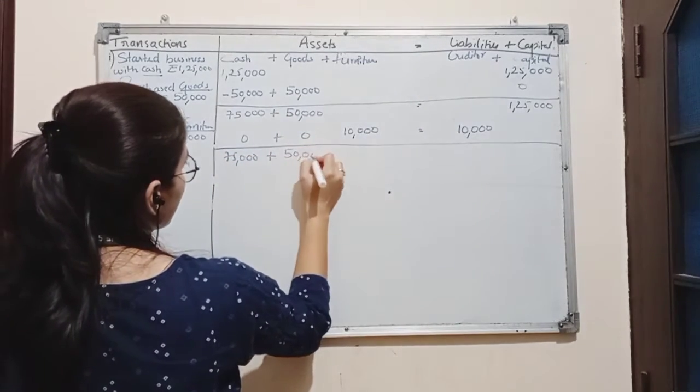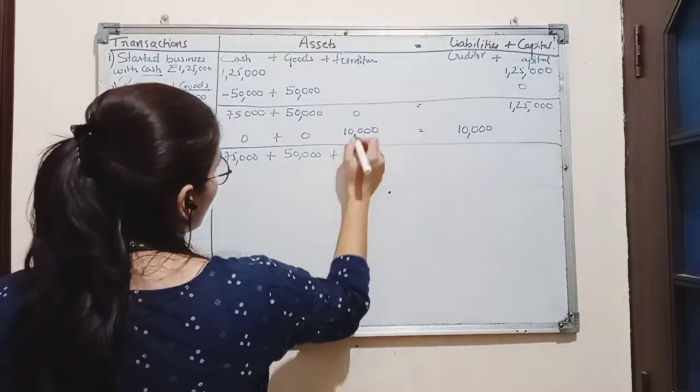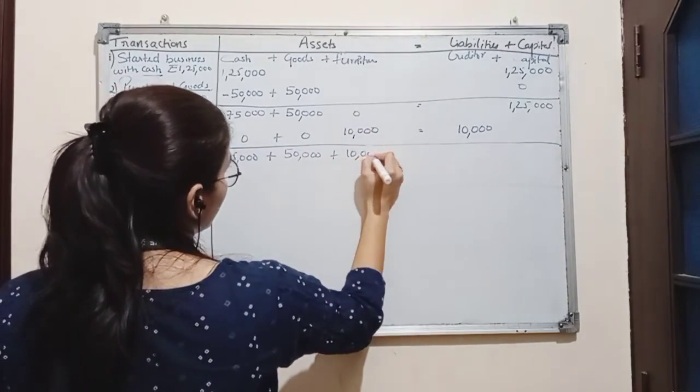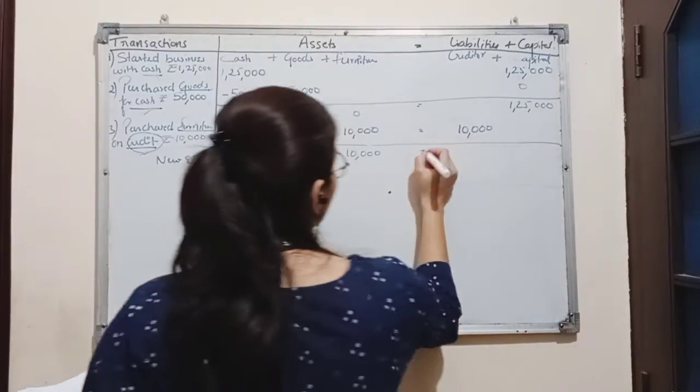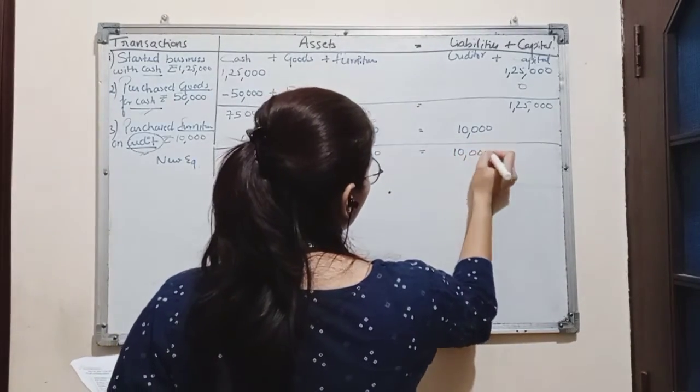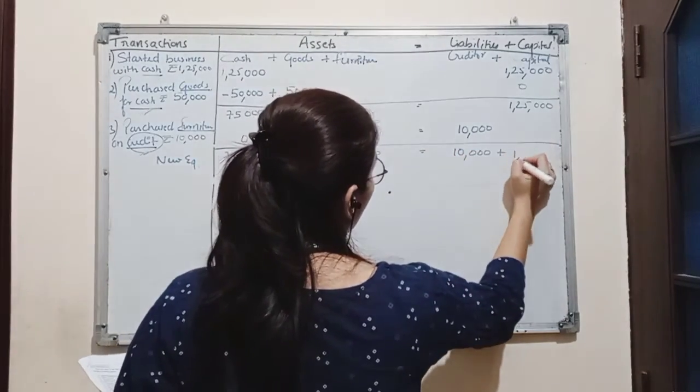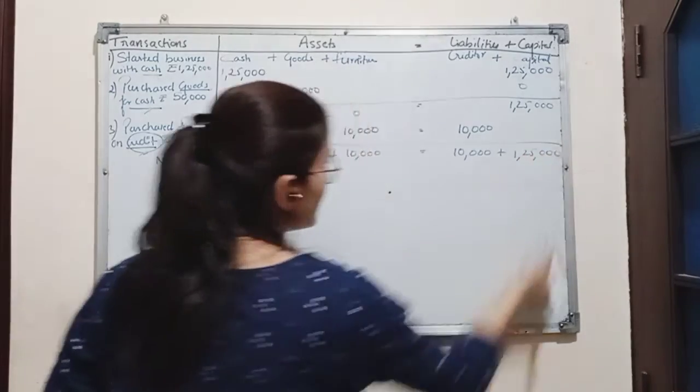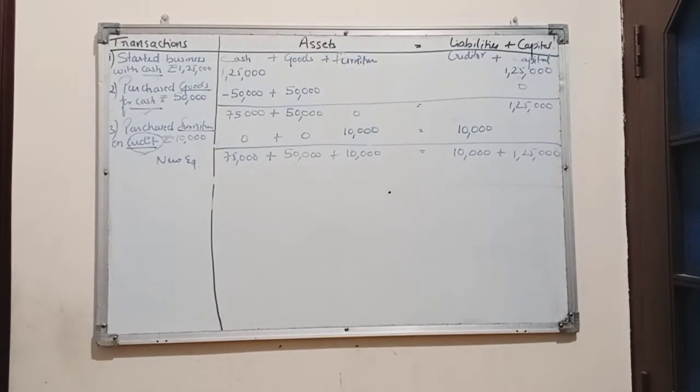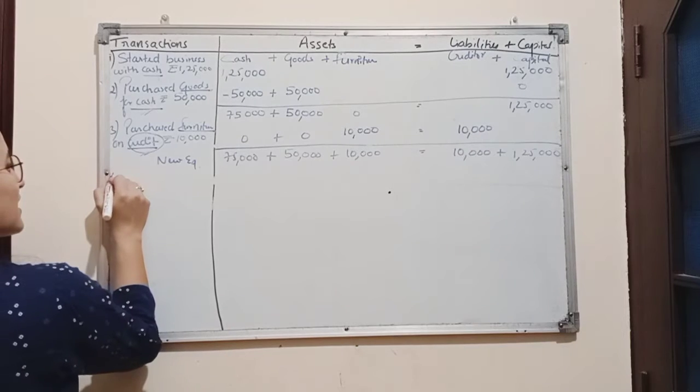Goods will remain same 50,000. Furniture amounting to 10,000. Then creditors 10,000, and after that capital amounting to rupees 1,25,000.